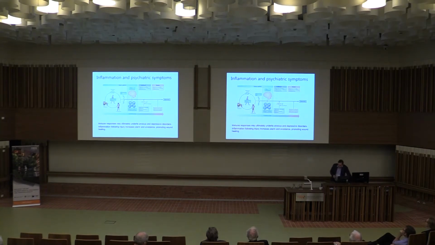So there are very good reasons to suspect a link between the immune system and psychiatric symptoms. Inflammation exerts powerful influences on behaviour by changing motivational drives. In particular, inflammation induces alarm and avoidance, behaviours which facilitate withdrawal and wound healing.